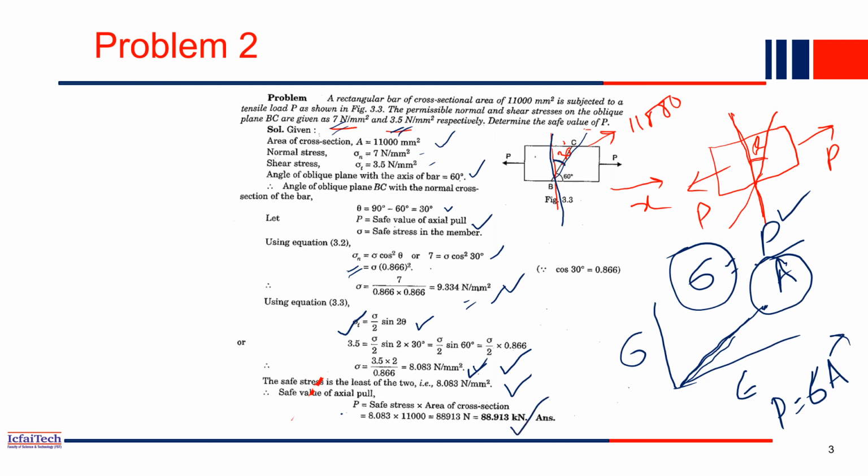Just multiply, and you will get the safe value. So what is the ultimate conclusion in this problem? When the P value reaches 88.913 kilonewton, your material will break into two parts, and the failure will be a shearing failure, because the shear stress reaches its limit first. So that is the conclusion of this problem. Like that, you have to calculate the stresses on an incline.